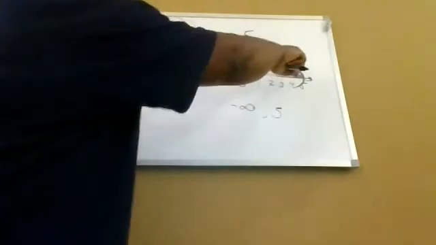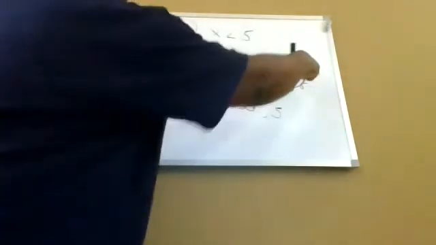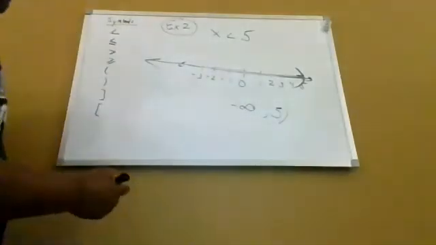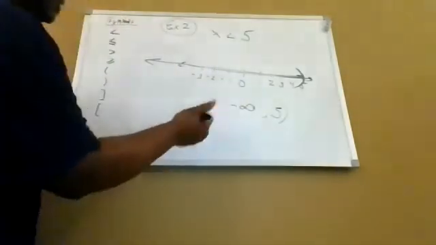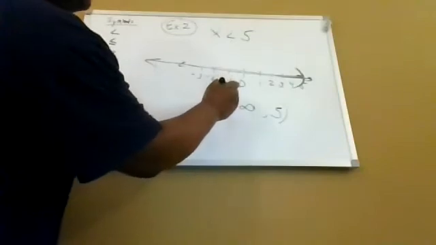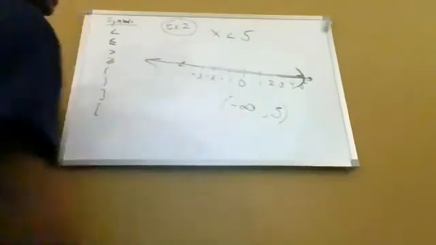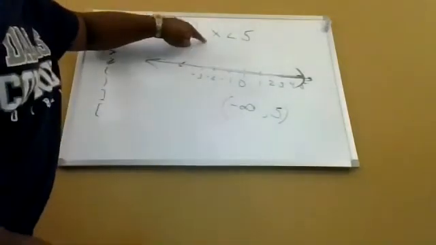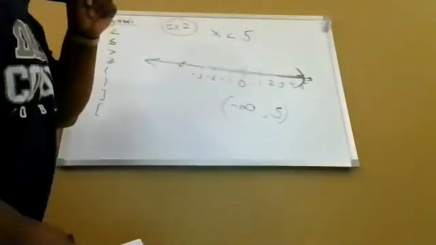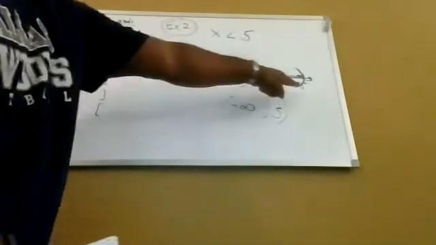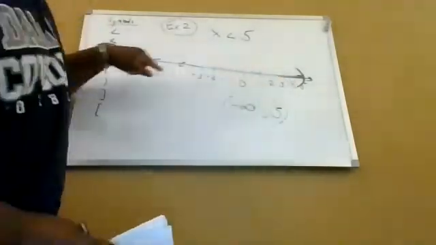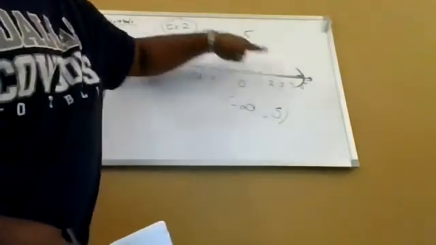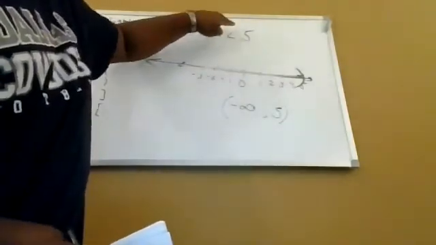Now, because we had the parenthesis at 5, we want to use a parenthesis down here. And since we have -infinity, we're going to use a parenthesis for that. So this is the inequality: x is less than 5. This is the graph representation of it. On a number line, we use a parenthesis because it's less than.